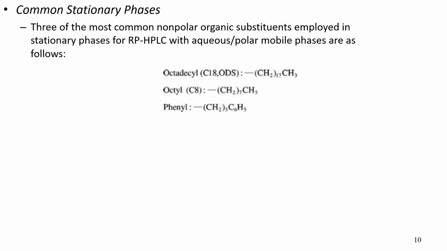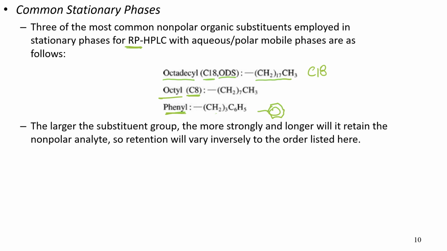All right, in the stationary phases, the most common ones that we have for reverse phase are the use of an octadecyl, which is a C18, and it's commonly abbreviated ODS, which is just those 18 carbon tail. Or you have an octyl, which is a C8, or you put a phenyl, which is literally a phenyl group. So it's a benzene attached to that surface. Okay, those are the common ones that we use.